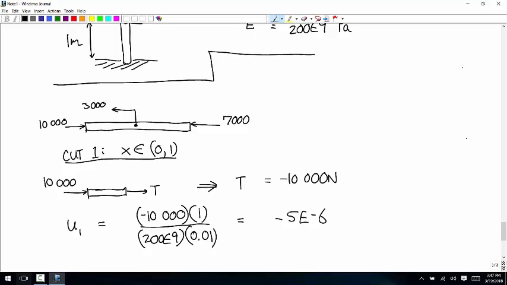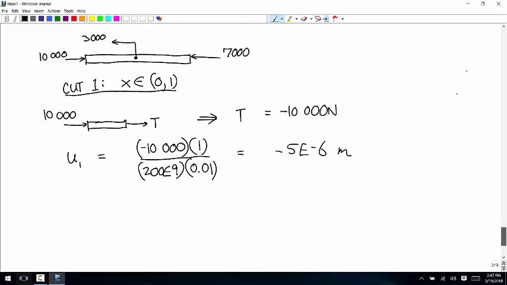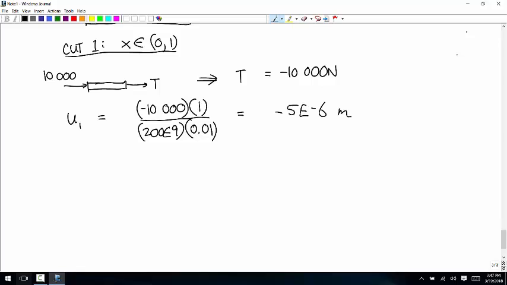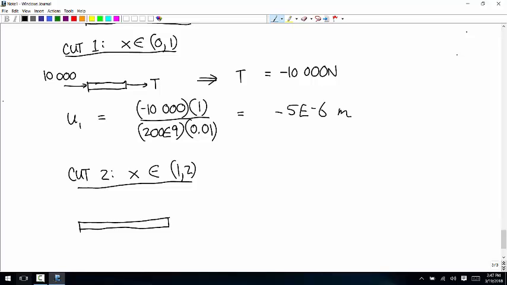And what are the units here? Yeah, we're talking about distances, so this is meters, exactly. And then cut 2 is for x between 1 and 2. We still have the 10,000. Now we have the 3,000 this way.